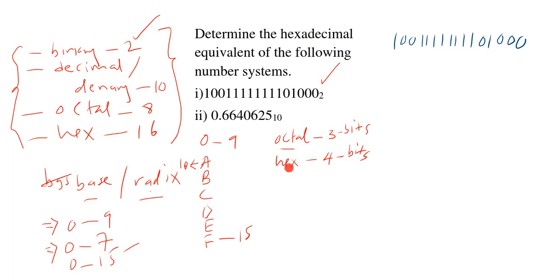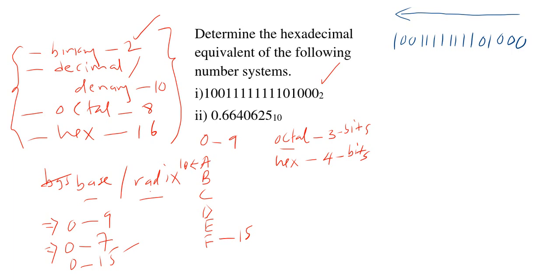I have said that in hexadecimal we normally use 4 bits to represent each digit. So when given a binary number, you have to group the binaries from right to left, in groups of 4 bits. In case the last group has fewer than 4 bits, you add zeros to the left to make 4 bits.